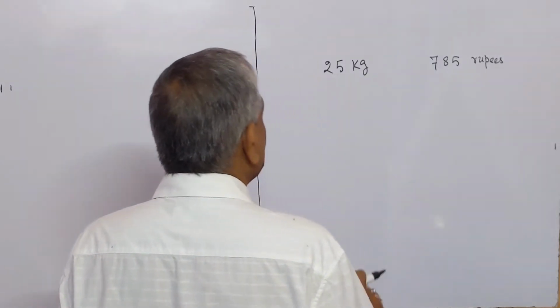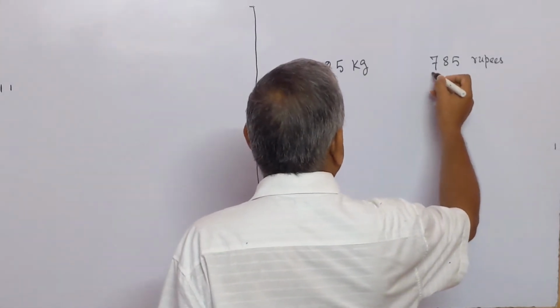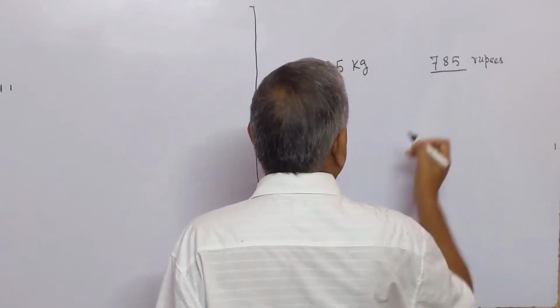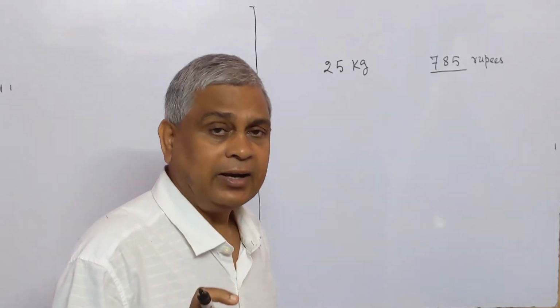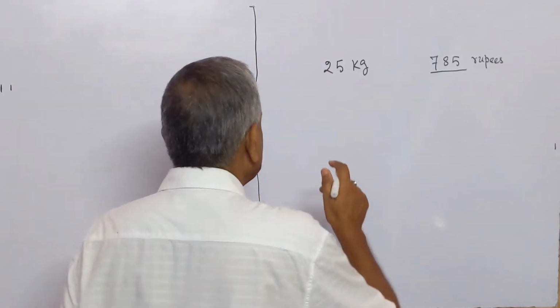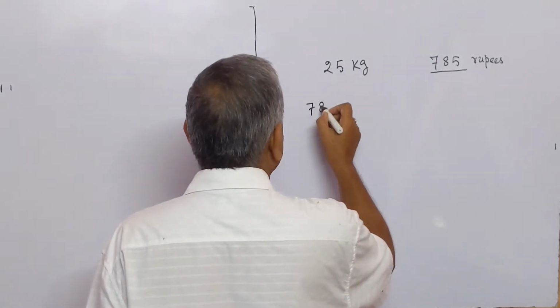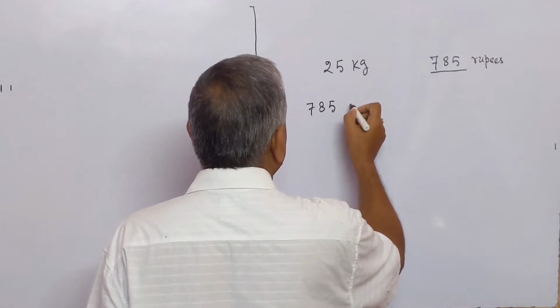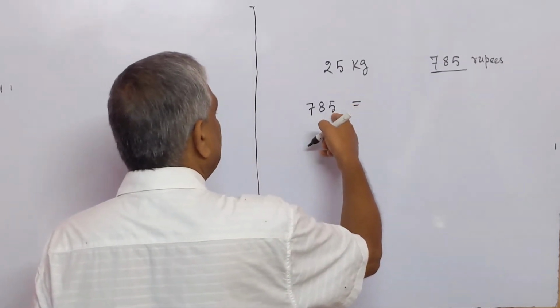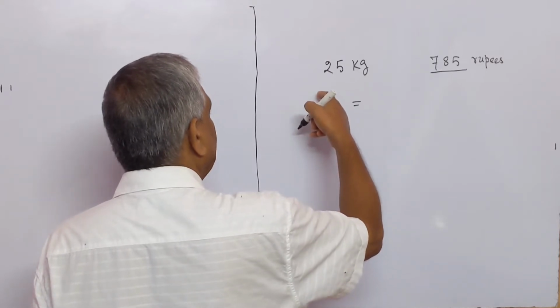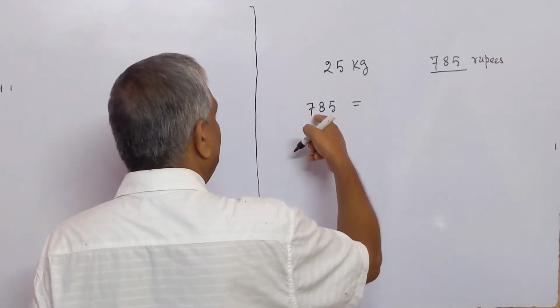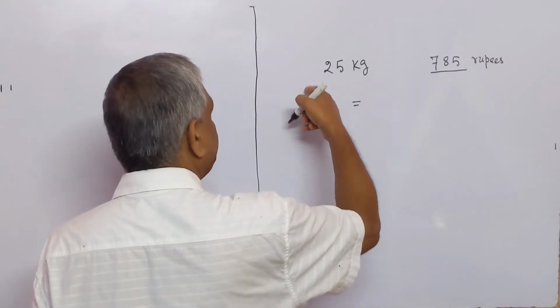Here we see how the structure of 785 is in the decimal system. 785 means 5 is in unit place, 8 in tens place and 7 in hundreds place.